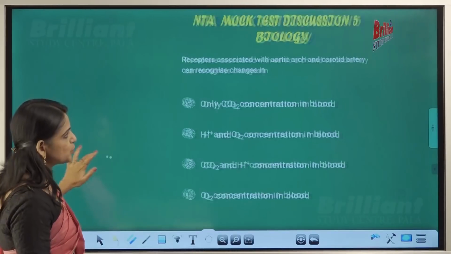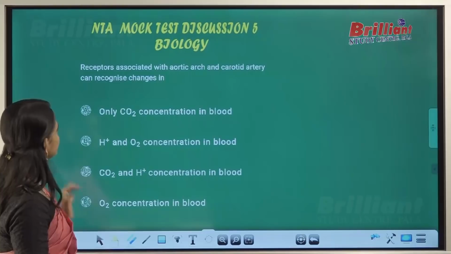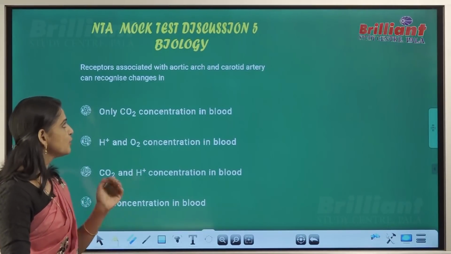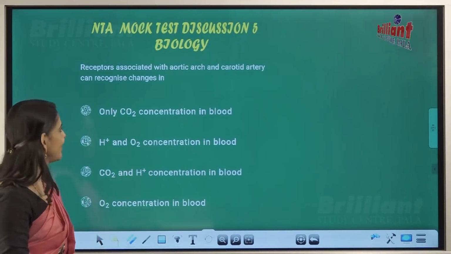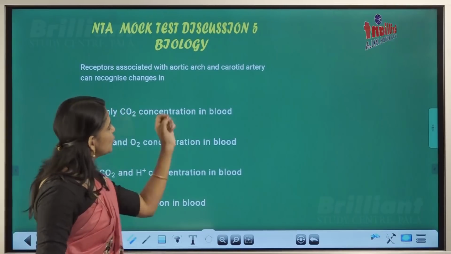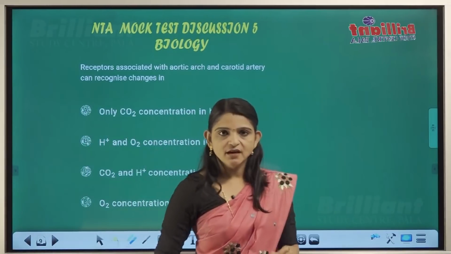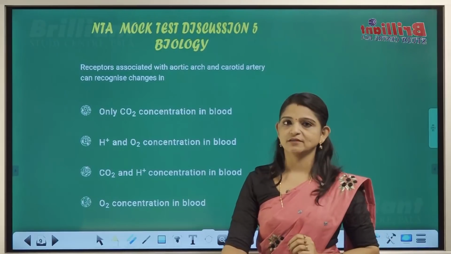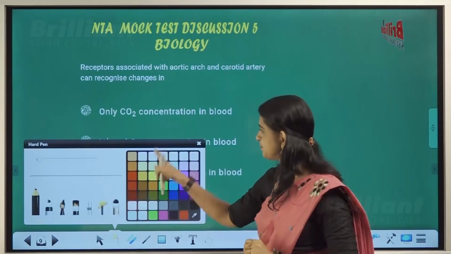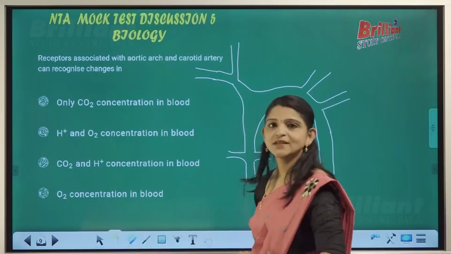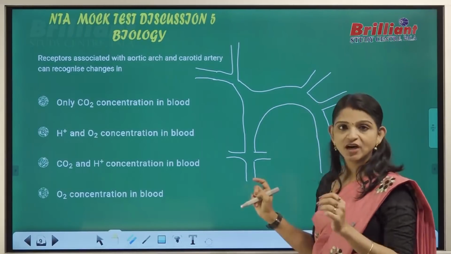Receptors associated with aortic arch and carotid artery can recognize changes in. They are asking this: aortic arch and carotid artery are the branches of aorta. You know the branches of aorta, right? Let me draw first. See, this is the picture of aorta.